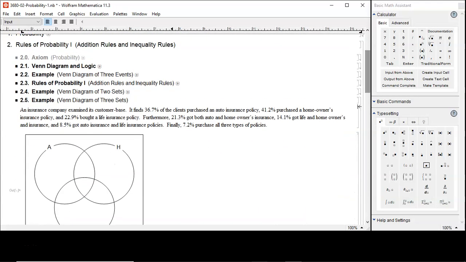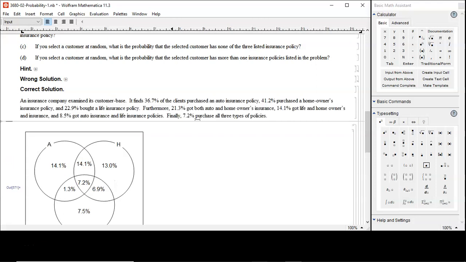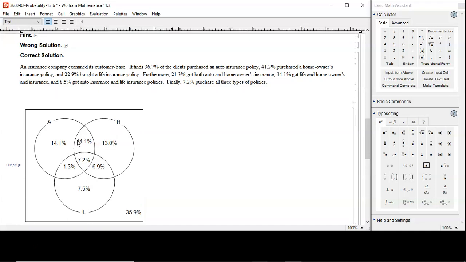Let me copy and paste this problem again here. Why is this correct? For example, from here, 8.5, that's this entire football. Subtracting 7.2%, I get, so we should get 1.3% here.